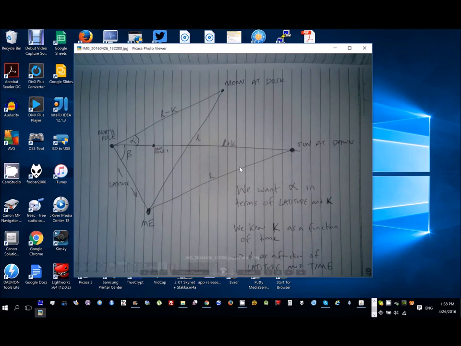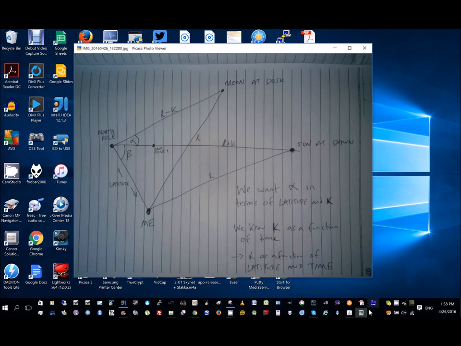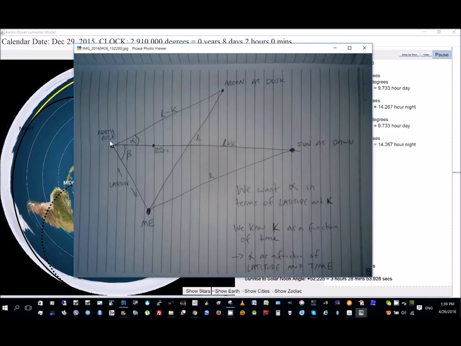That's why I put L on this length here. From the North Pole to the sun is this distance K to the red dot plus this distance L to the sun. So I've labelled this length as L plus K, the distance from the North Pole to the sun.